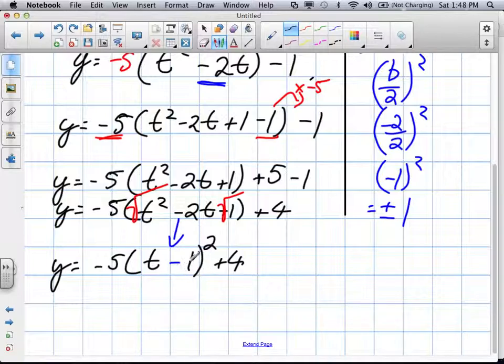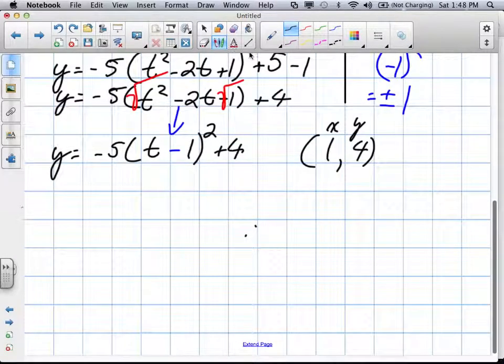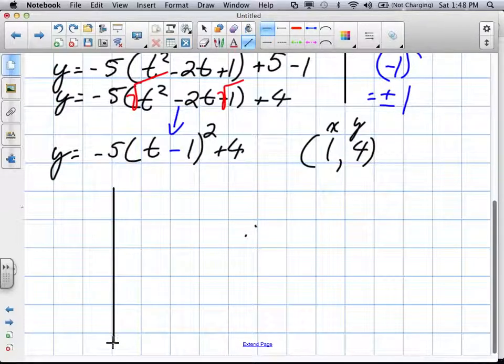So the max height is what? Well, plus 1 is the time. So 1 and 4 is the vertex value. So this is our x and our y. If we were to plot this guy, we get something that looks like this.